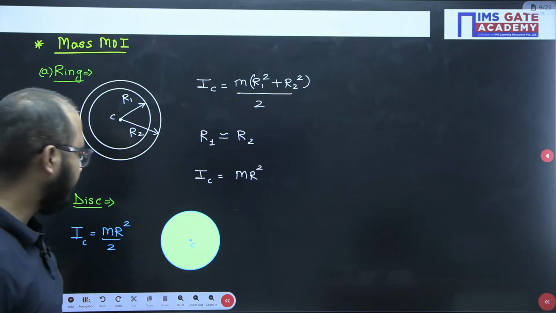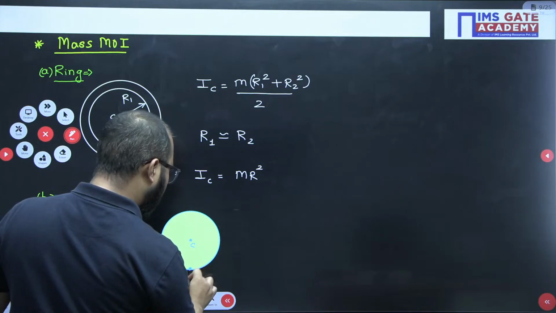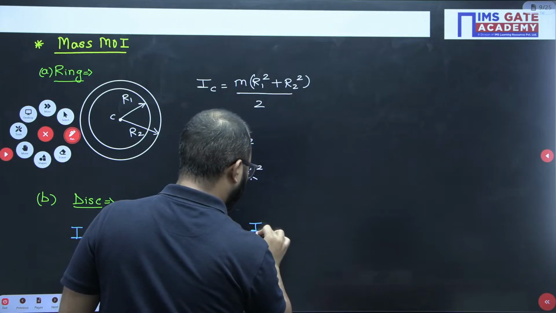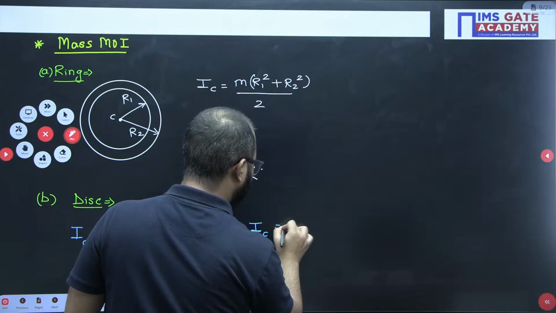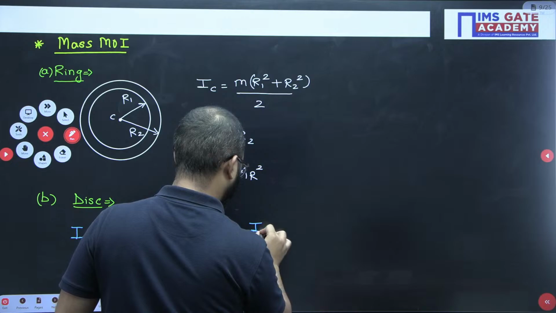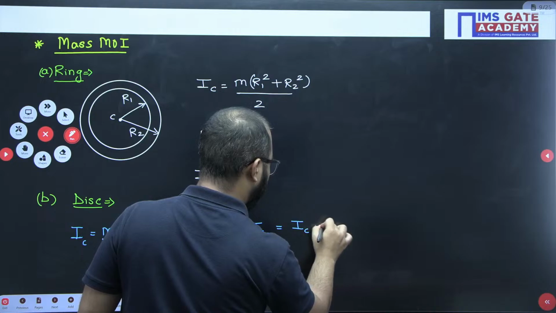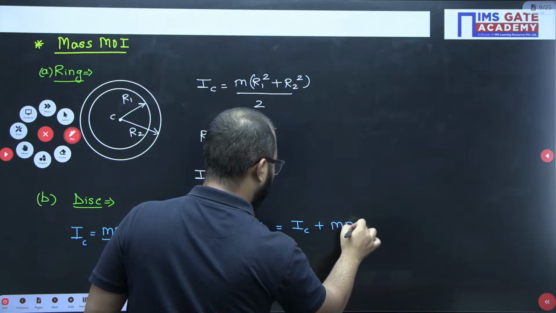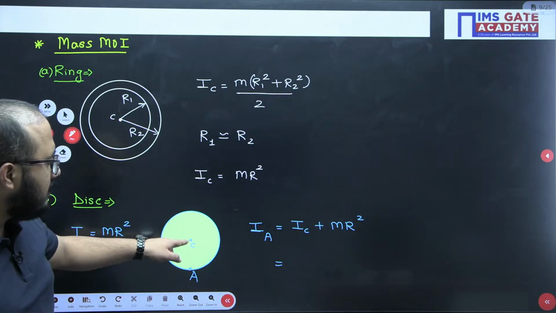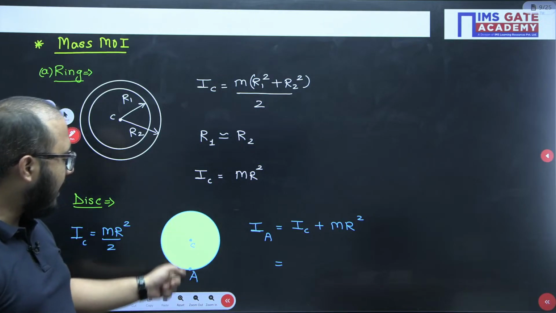But let's suppose I have to calculate about this point or any other point, let's say this is the point A. For that, what do I need to use? The parallel axis theorem, which is like this. About A I want to calculate, so first I will write about the center, mr square by 2. Why mr square? Because the distance between the center and the point of consideration is R, so that r square we have to use.